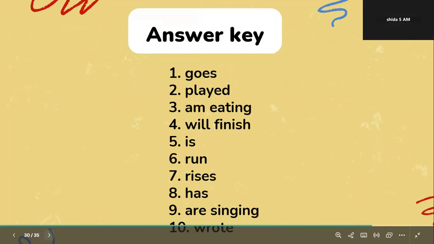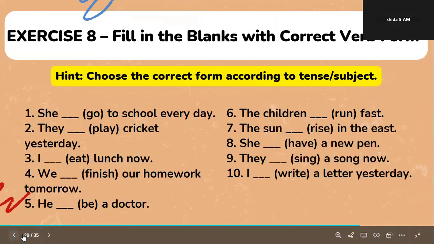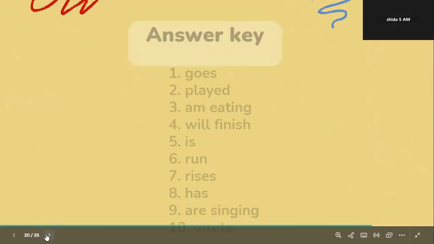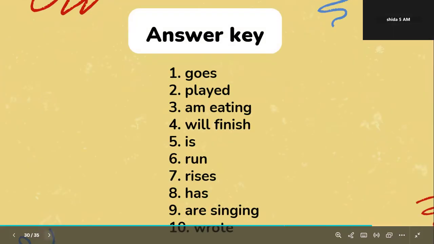Let's check the next one. They played cricket yesterday. Yesterday denotes a past time. So, they played cricket yesterday. Yeah, very good.